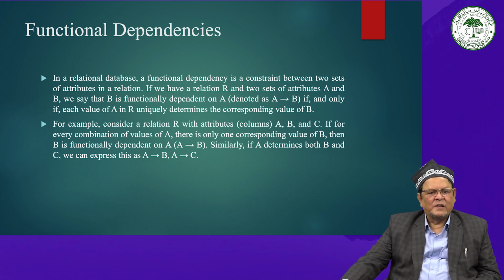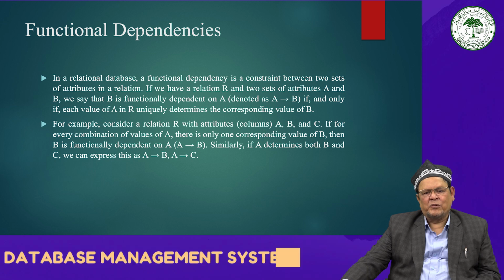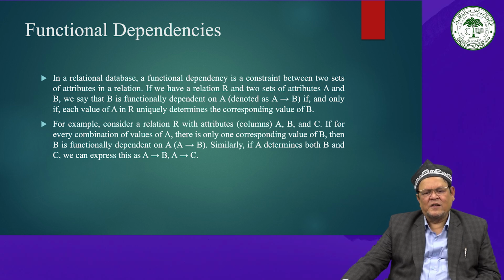Similarly, if A determines both B and C, we can express this as A determines B and A determines C. These dependencies are fundamental in ensuring data integrity and consistency, as they help prevent anomalies such as insertion, deletion, and updation anomalies. By identifying and understanding these dependencies, the database designer can efficiently structure tables, optimize query performance, and ensure that the database schema is normalized to minimize redundancy and maintain data integrity.